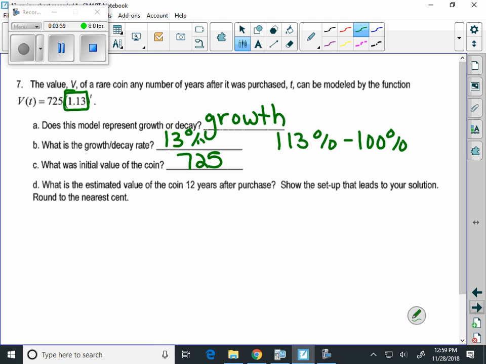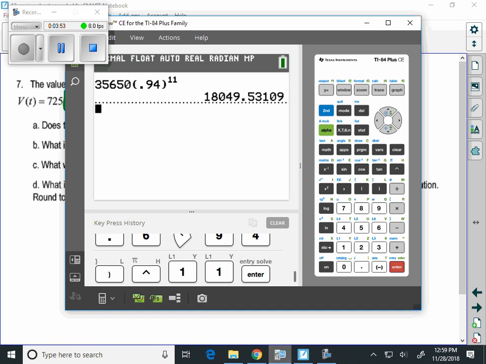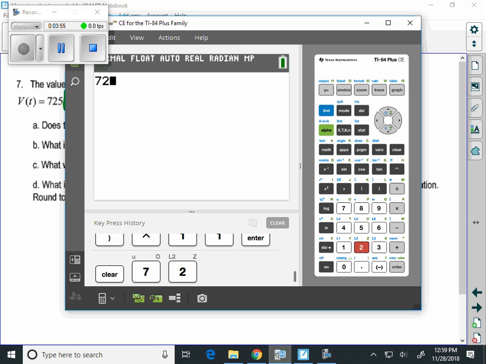And then finally it says, what is the estimated value of the coin 12 years after purchase? Well, the formula is given to us: 725 times 1.13 to the t. We're going to put the 12 in for the t, and type that into our calculator: 725 times 1.13 to the 12.